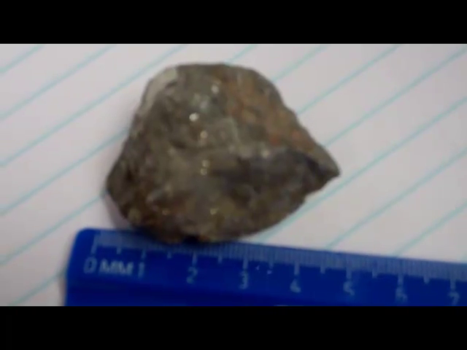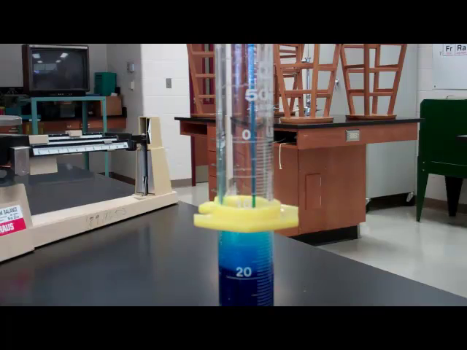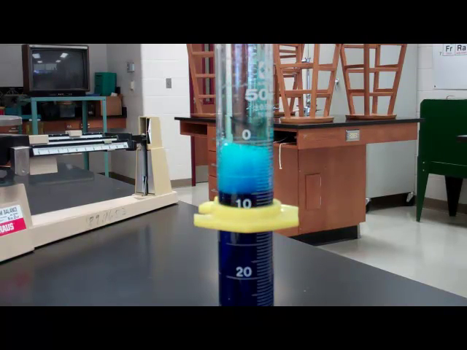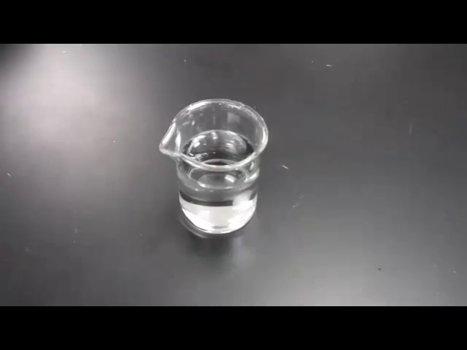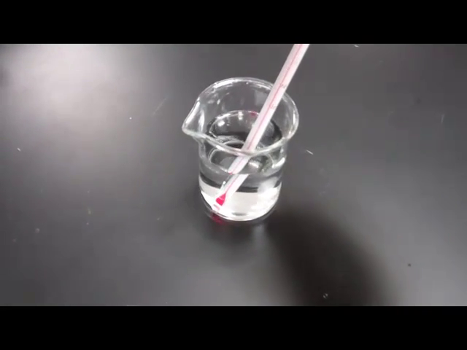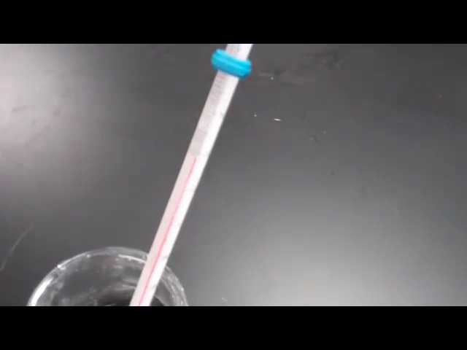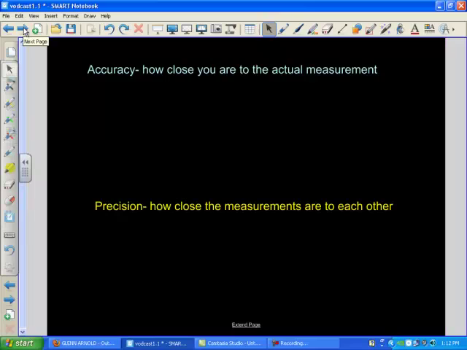Maybe we're measuring the length or width of something, like this piece of pie right here. We're measuring the volume of some liquid in a graduated cylinder, and we'll talk more in the next lesson specifically about that. And perhaps we're measuring something like temperature. All of these things would give us a number, and that's what makes it a quantitative measurement.